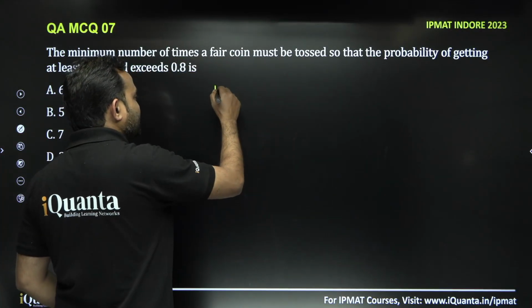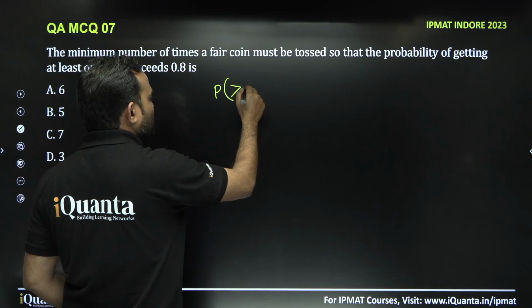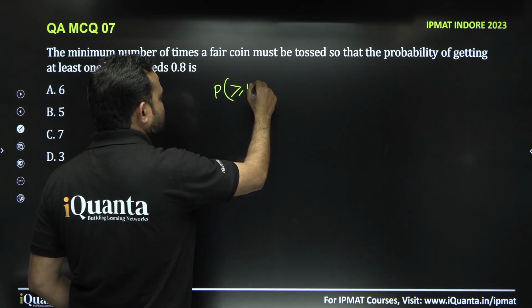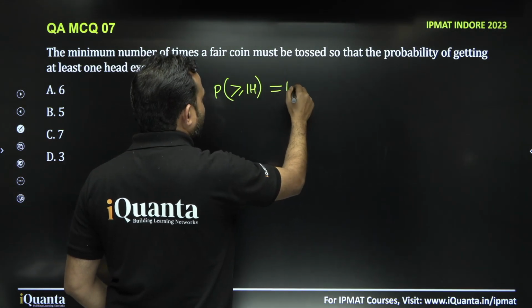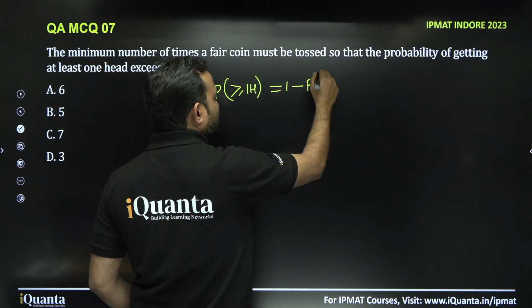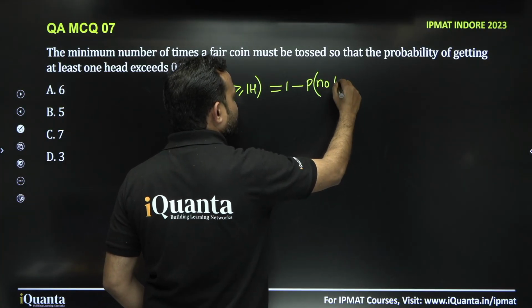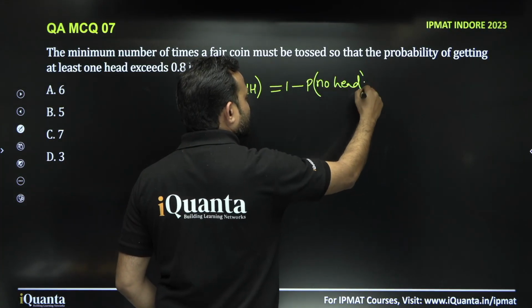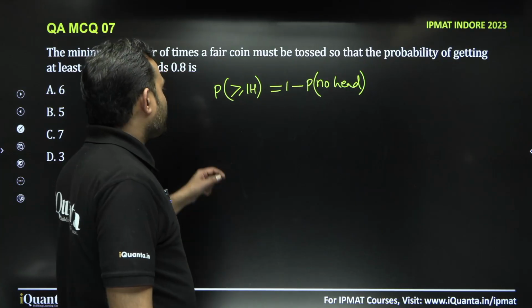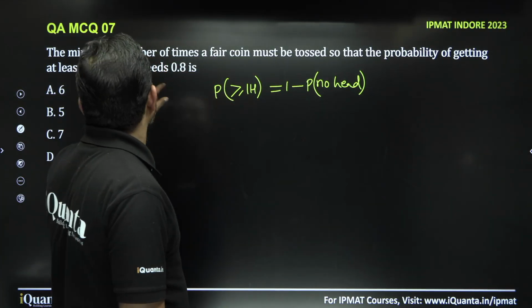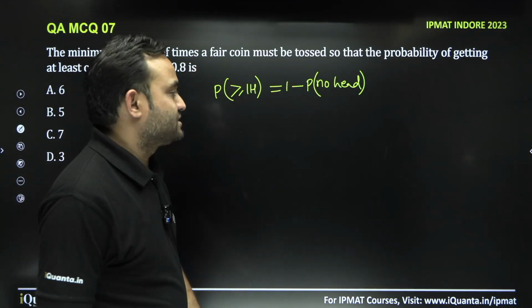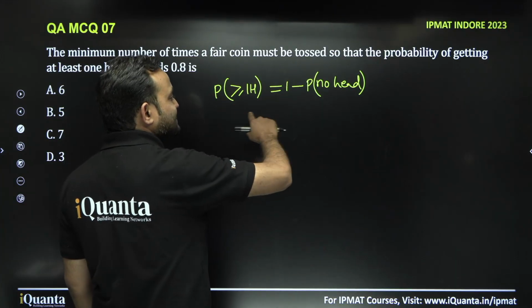So probability of at least one head will be 1 minus probability of no head, right? So probability of at least one head should exceed 0.8.